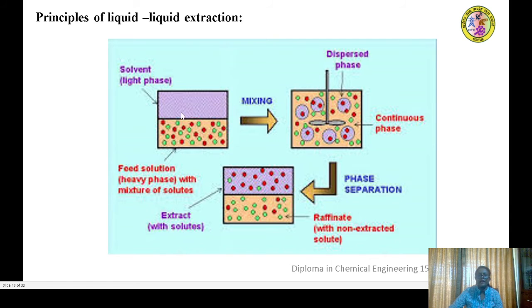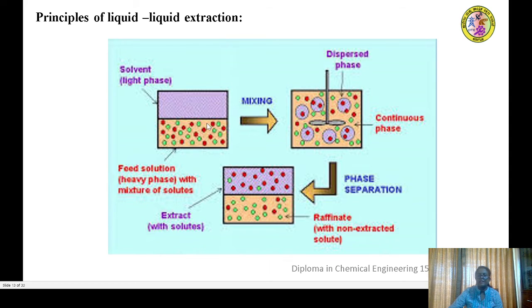Okay, so when you add the two liquid phases and mix them thoroughly, this is what results. Here what you have is an emulsion. That means the solvent phase, that is the light phase, has been dispersed in the form of droplets throughout the original solution phase. Now we are presenting a large surface area of the solvent to contact the original liquid phase, and due to this kind of contact, one of the components, which has high solubility in the solvent phase, is getting dissolved in the solvent.